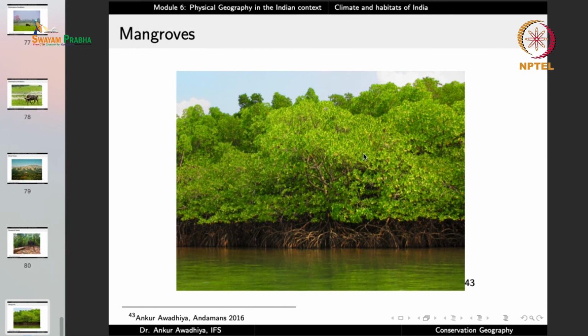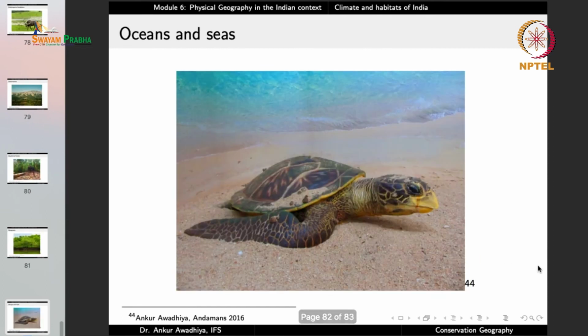So basically what we can say is that because of the large latitudinal and longitudinal extent of India, because of a wide variety of geology and different physiography, we find different kinds of climates. And different climates support different organisms. They support different habitats.